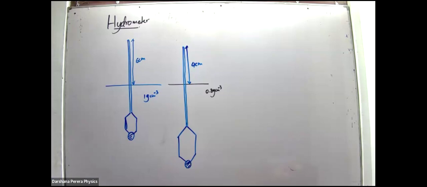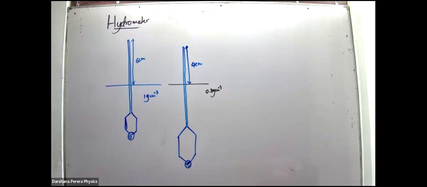Then write down: the hydrometer is immersed in the water 6 centimeter above its calibrated stem, and in the oil of 0.8 g cm^-3, 4 centimeter above its calibrated stem.